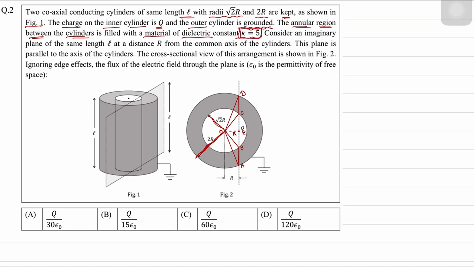Most important point: consider an imaginary plane of the same length L at a distance r from the common axis of the cylinders.